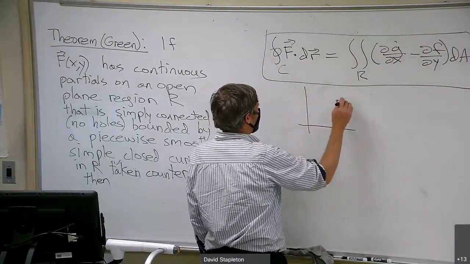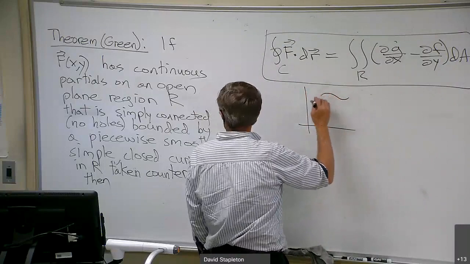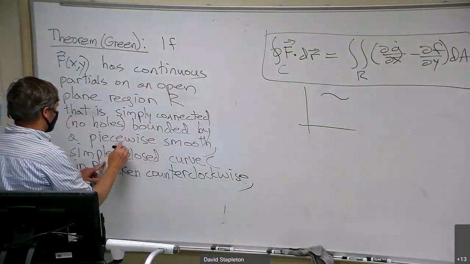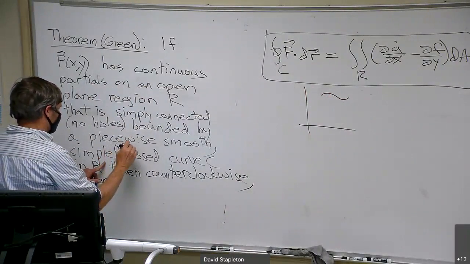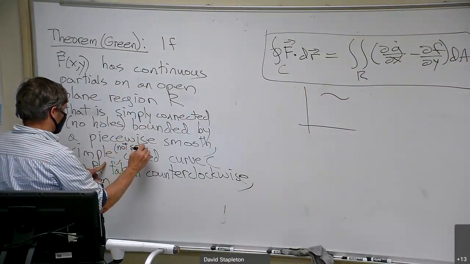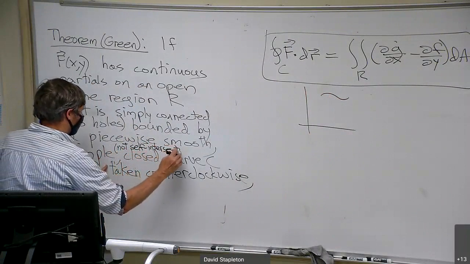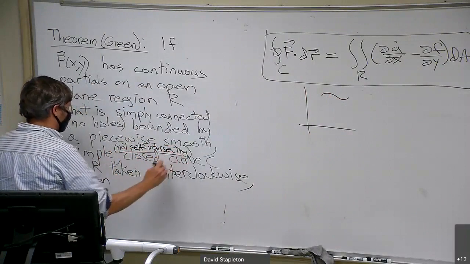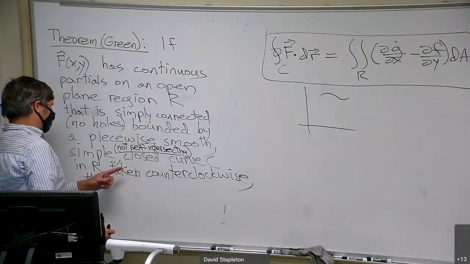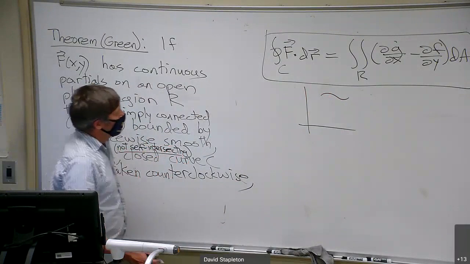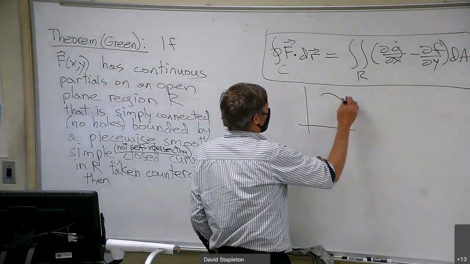But the idea is this: a simple curve is one that's not self-intersecting. We didn't say that, did we? We sort of spoke of not self-intersecting, so it doesn't make a figure 8 or something. Closed means it ends where it begins. Simple means it's not self-intersecting, except it's closed, it ends where it begins. So it's a curve like this.